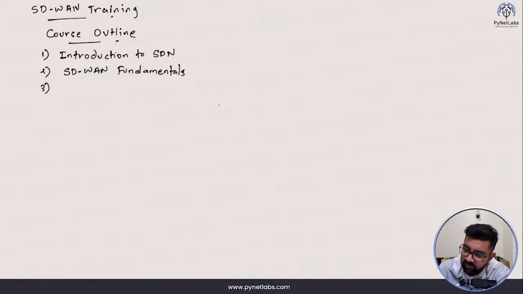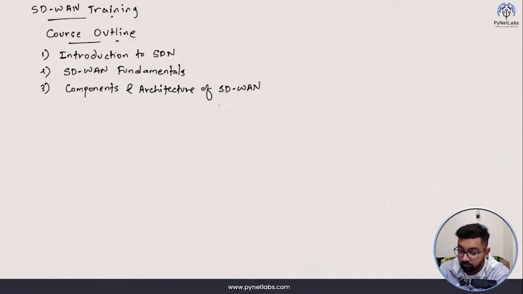Then we will discuss about the components and architecture of SD-WAN. Post that, so in the components and architecture of SD-WAN, we're going to talk about all the control plane, data plane, management plane, and orchestration plane, and what all are the components that are associated with these planes.